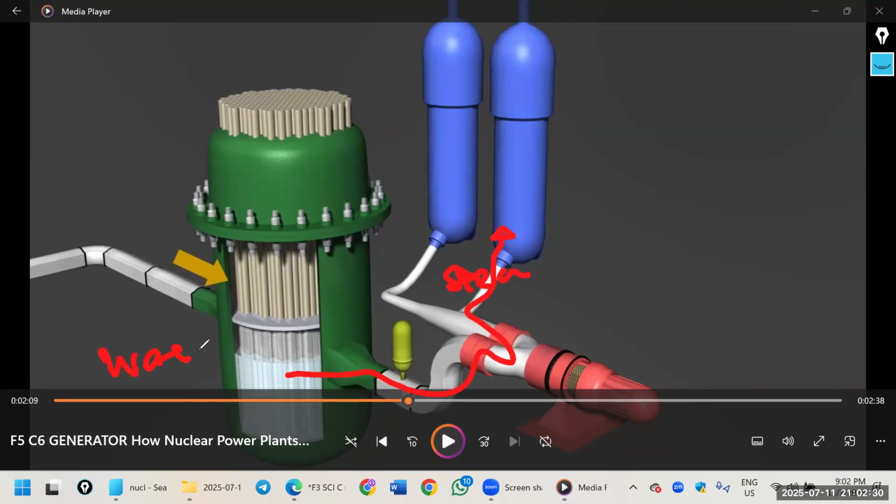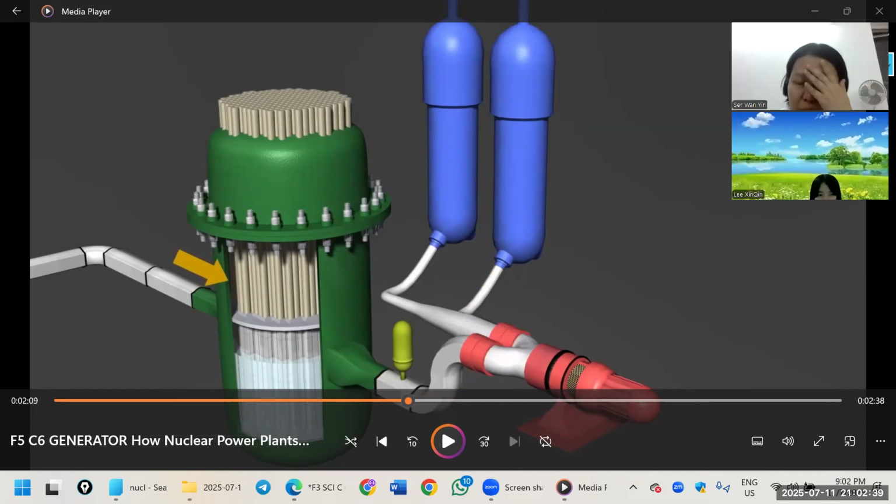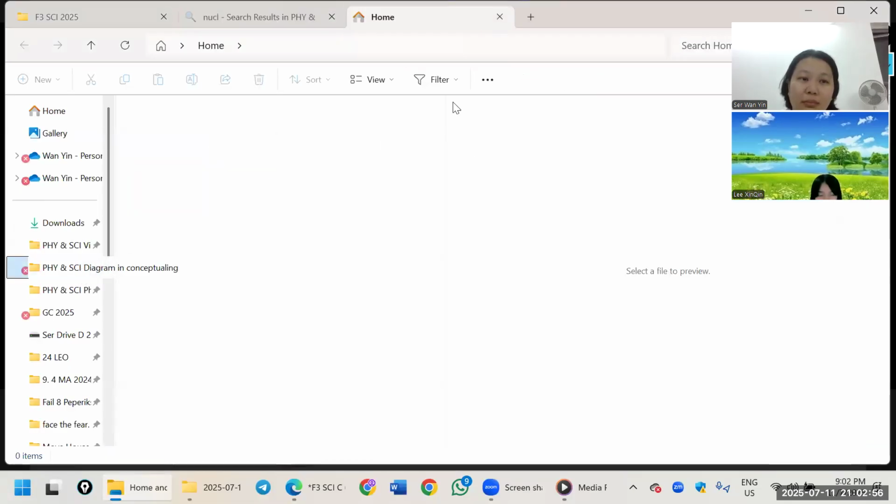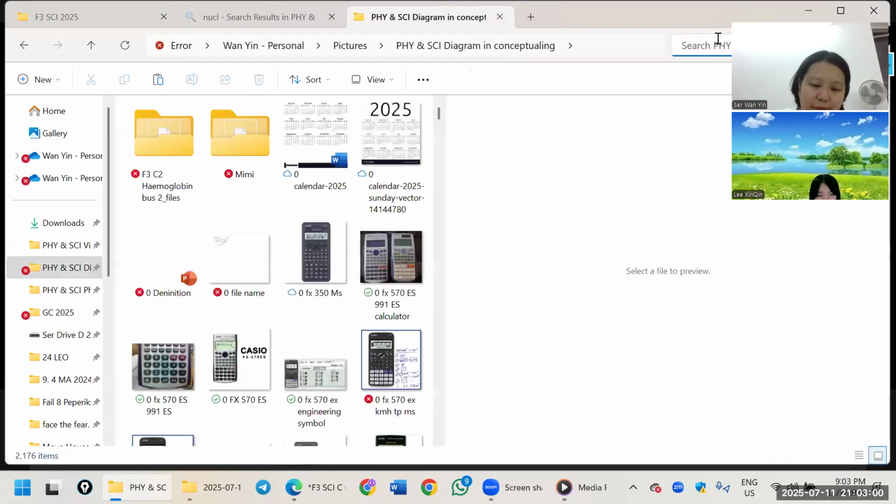Here water, here steam. And then we are going to learn nuclear in chapter 8. Before that, let me show you, this is the nuclear fuel.